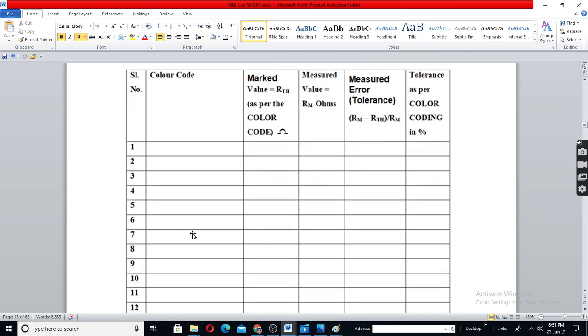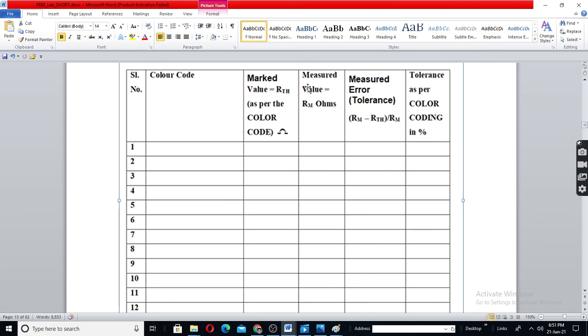Say 5 to 10 resistances will be given. Write the color code here. Say red, yellow, black, silver, etc. Now according to the code you calculate and write the value here. Take a multimeter and measure the value practically. You write it here.